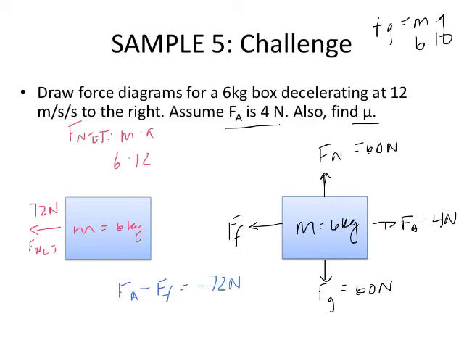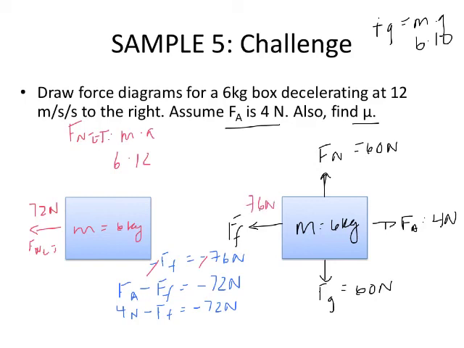Alright, so we're going to have 4 newtons minus F of F is equal to negative 72 newtons, which then if we move the 4 newtons over, since it's positive, you'd have to subtract them. We'll have negative force of friction is equal to negative 76 newtons. Those negatives can cancel each other out so that we know force of friction is 76 newtons.